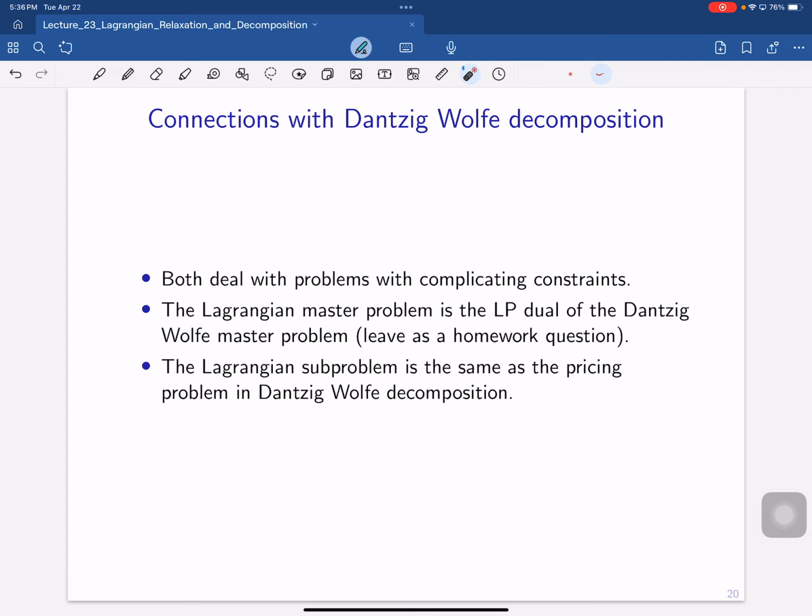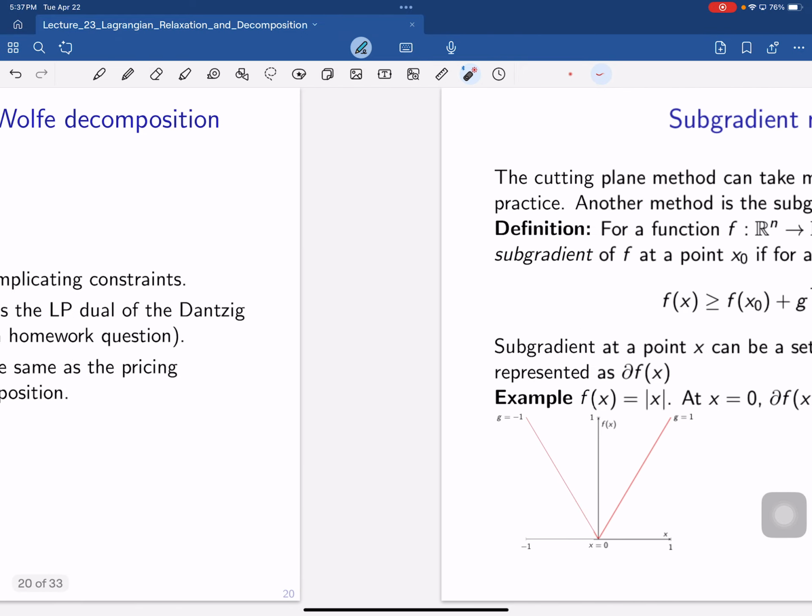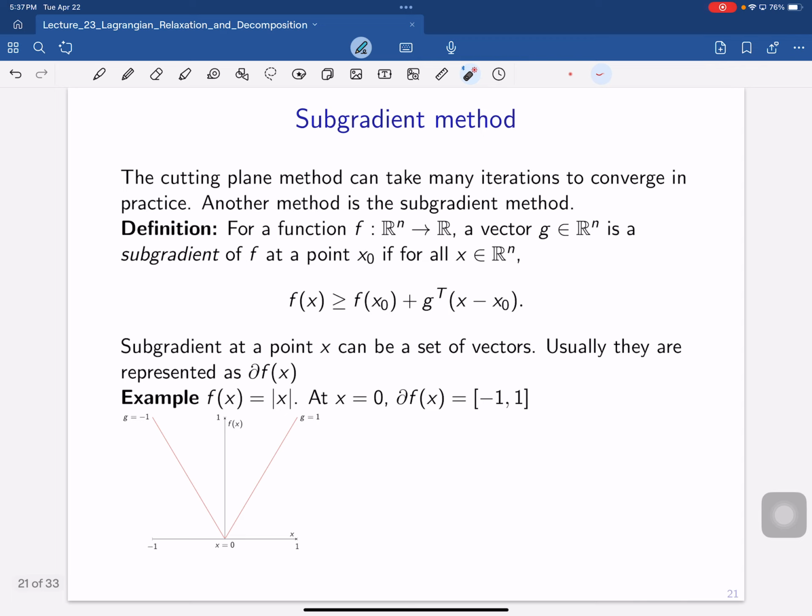In the Lagrangian master problem, each extreme point corresponds to a constraint. That gives you an intuition why the Dantzig-Wolfe master problem is the LP dual of the Lagrangian master problem. They are dealing with problems with the same structure, the same structure being that you have some complicating constraints. Okay, so with that, let's go to the second algorithm called the subgradient method.